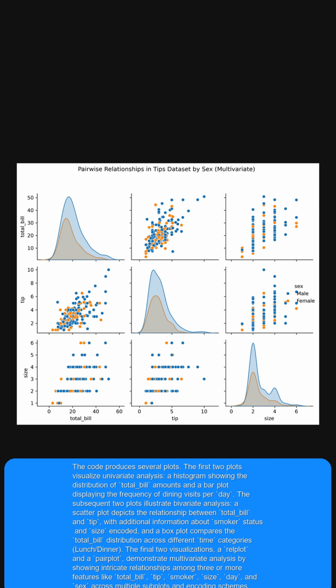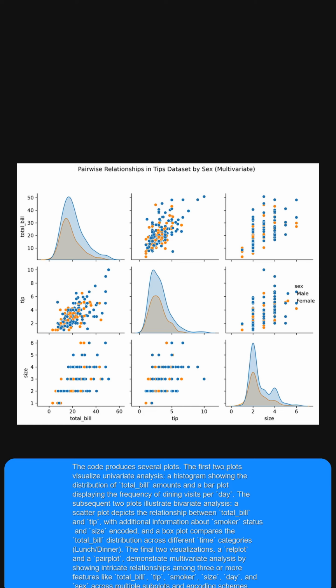The code produces several plots. The first two plots visualize univariate analysis. A histogram showing the distribution of "total_bill" amounts and a bar plot displaying the frequency of dining visits per "day". The subsequent two plots illustrate bivariate analysis.